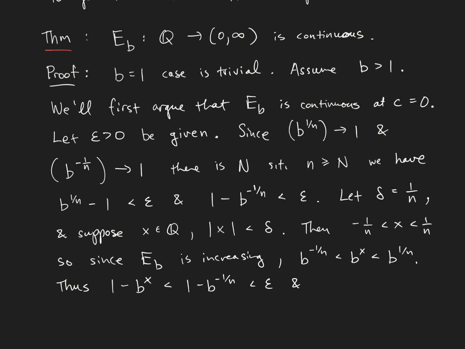And also b to the x minus 1, on the other hand, b to the x is less than b to the 1 over n, and b to the 1 over n minus 1 is less than epsilon.